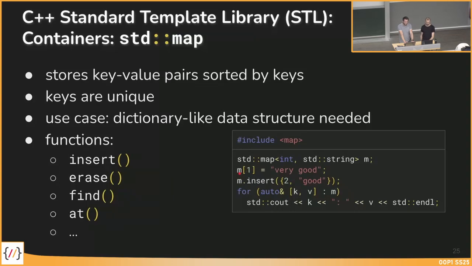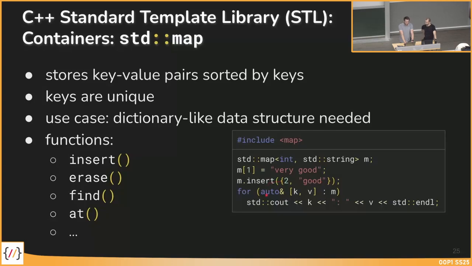So I say my map at key 1, this has to match with the data type integer, is the string, very good. So I created one key-value pair, which is 1, very good, and this is now in my map. And in the next line, I insert a second one with the insert method, with 2 as key and good as string, as value.